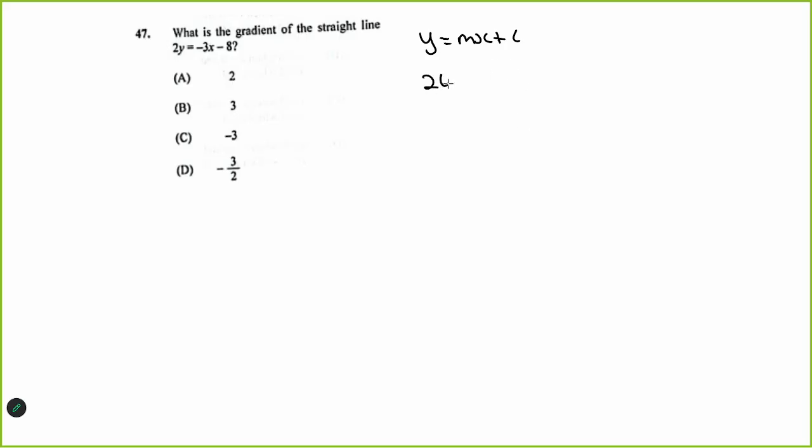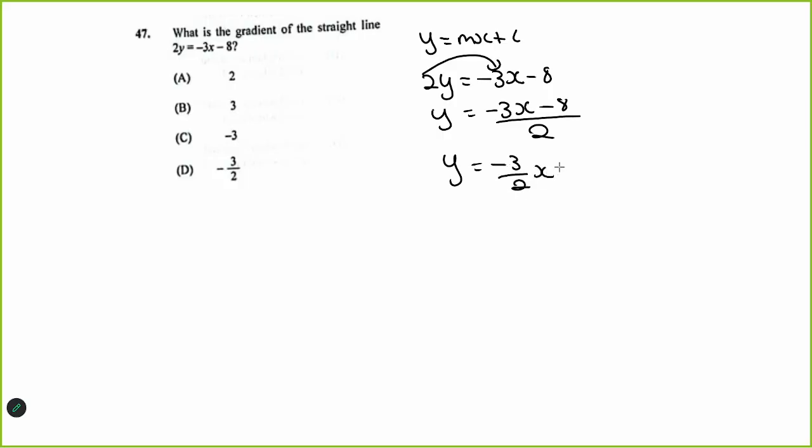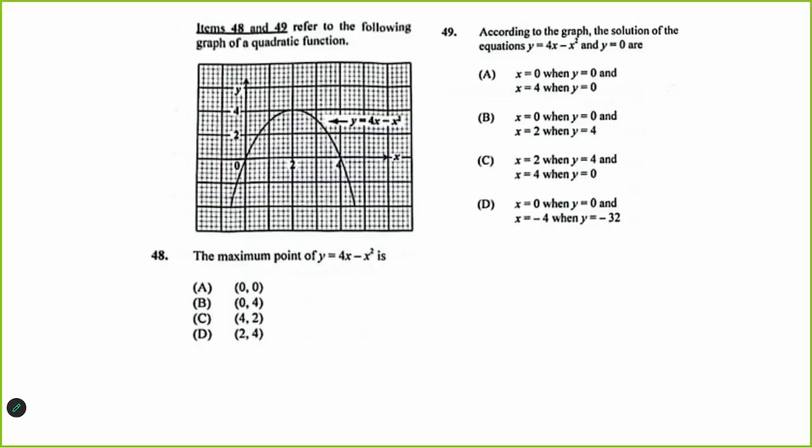So if I have 2y is equal to negative 3x minus 8, carry across 2 here, it will be y is equal to negative 3x minus 8 all divided by 2. Let's split it up. Y is equal to negative 3 over 2x minus 8 over 2. So y is negative 3 over 2x minus 4. What is the coefficient of x? Negative 3 over 2, which is D.